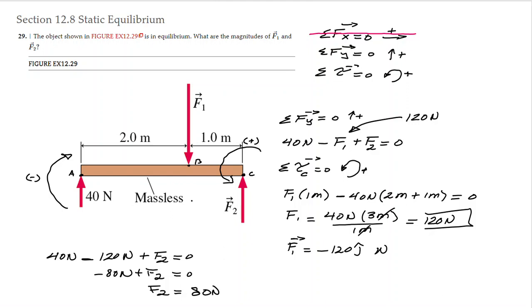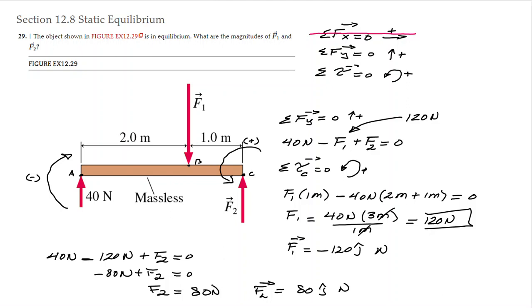We got F2 positive, so that means that the direction that was given for F2 is correct. We can express F2 as a vector: F2 vector equals 80 j newtons.